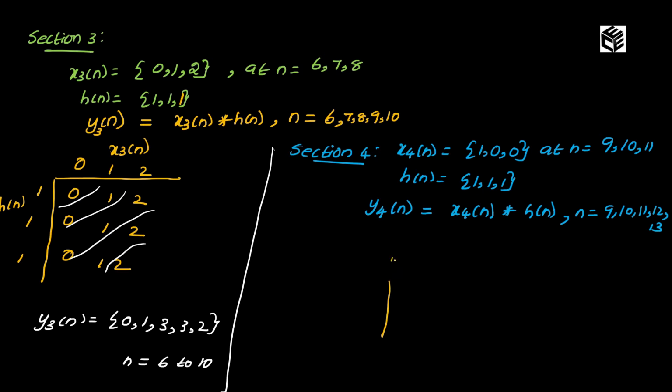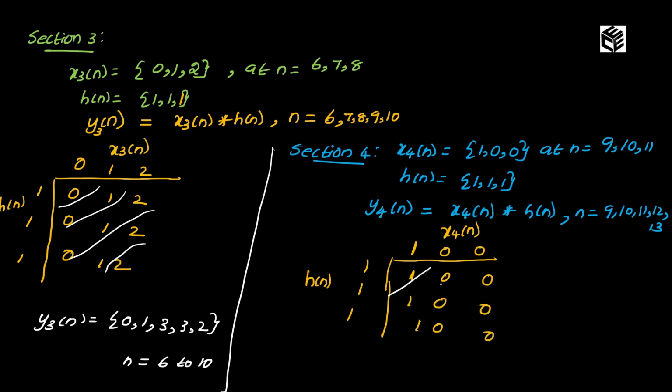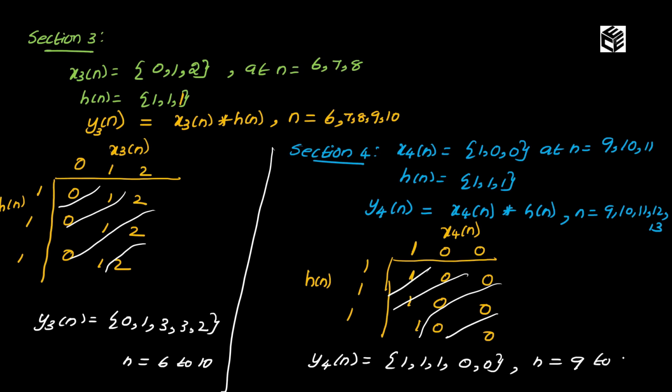I represent x4 of n as 1, 0, 0 and h of n as 1, 1, 1. I multiply, split this and add it. I will get y4 of n equal to 1, 1, 1, 0, 0, and the value of n is from 9 to 13.